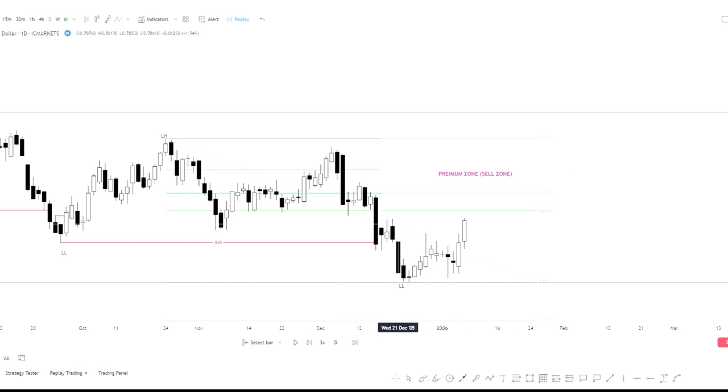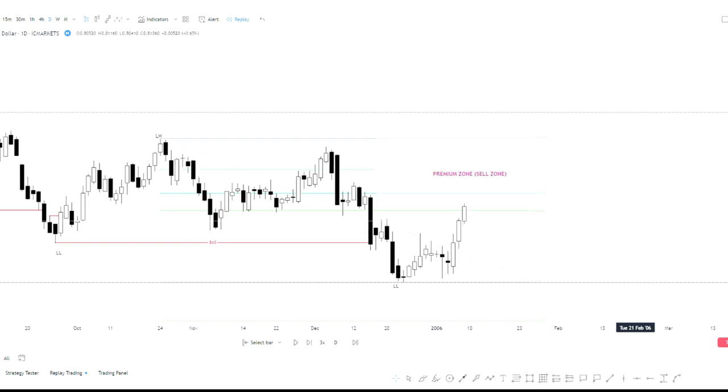I have everything confirmed, just waiting for the market price to retrace to our premium zone and then start finding a market setup for sell, or you can trade your premium zone or sell zone from a lower time frame. Everything will be covered in the coming sessions, but for now we are just focusing on how to mark the overall structure in a downtrend and uptrend.